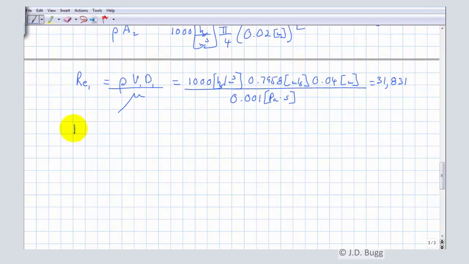Same thing for Reynolds number 2. Density times V2 times D2 divided by mu. Density 1,000.